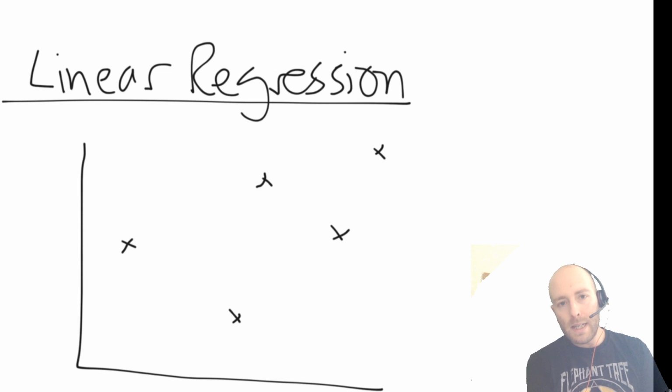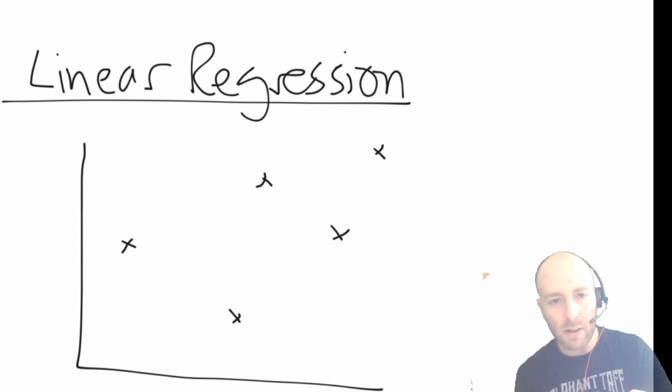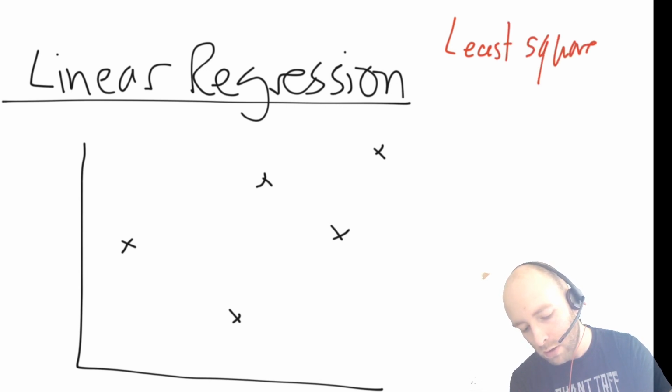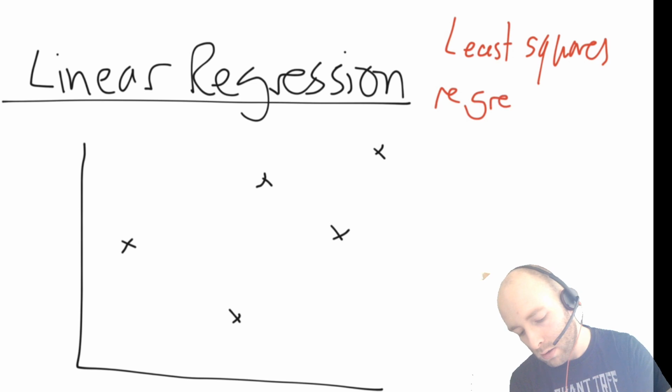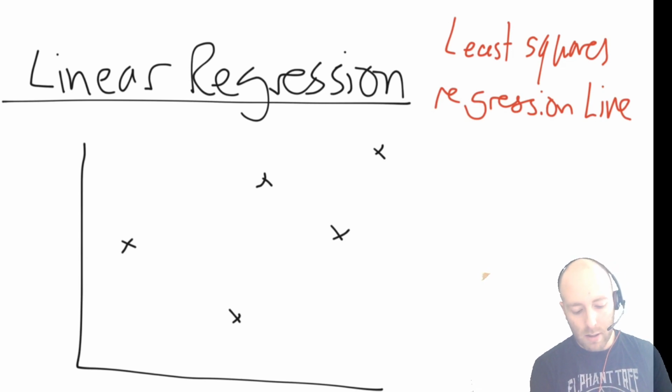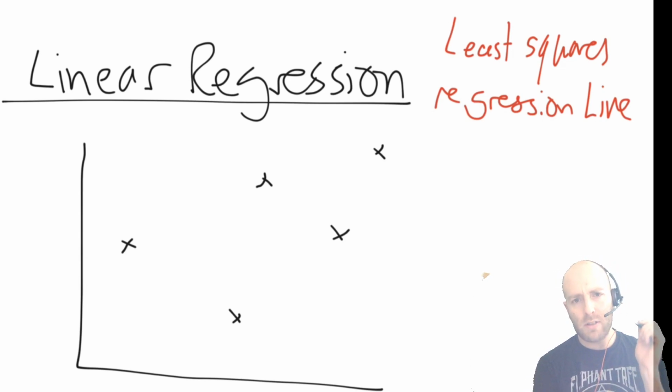The way we do it is called, the real name of linear regression is the least squares regression line. And the linear regression line is the line that minimizes the average distance from the line.